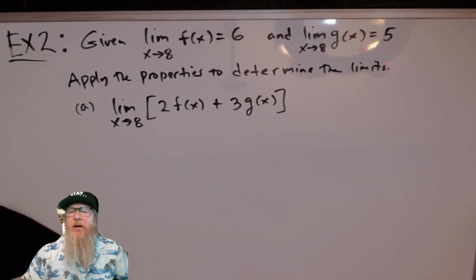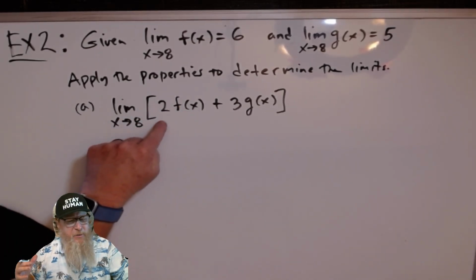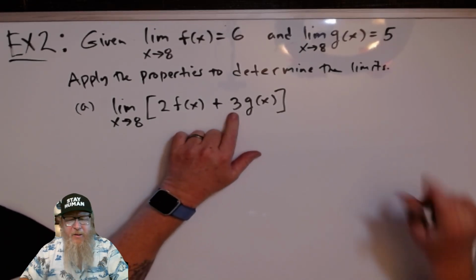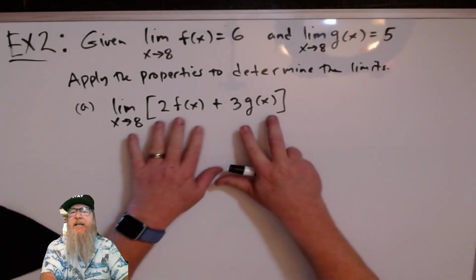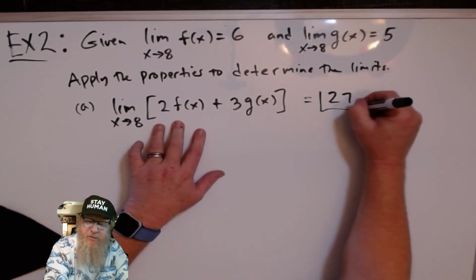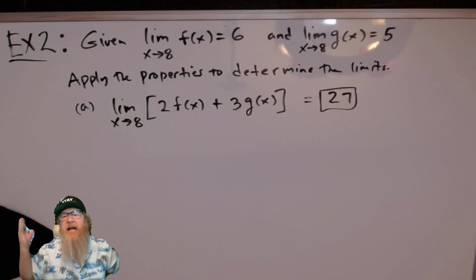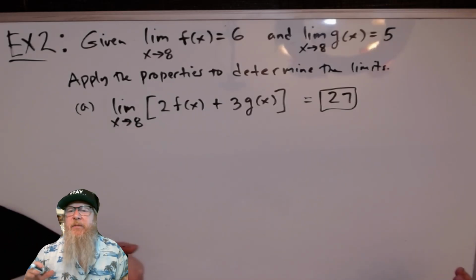Why'd they make us wait so long to do calculus, right? Because, mental math, you would just say, 2 times 6 is 12, 3 times 5 is 15, 12 plus 15 is 27, and I write the answer 27 and I'm done. Didn't need any calculus, right?